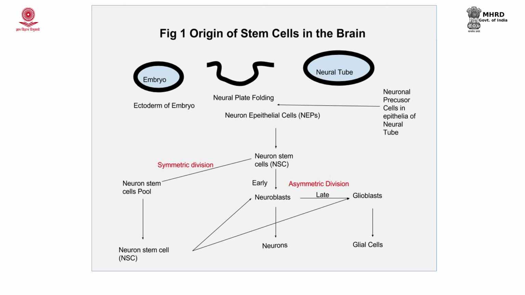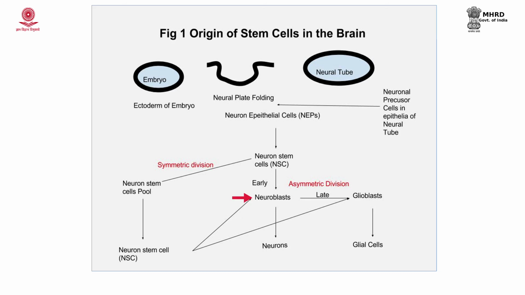The symmetric division helps to form cells which are similar to their own kind. For example, the neural stem cell pool will be formed by symmetric division. That means that the neural stem cells will form cells which are like them only. Whereas, in the asymmetric division, they form neural stem cells, but besides this they also form neuroblasts.